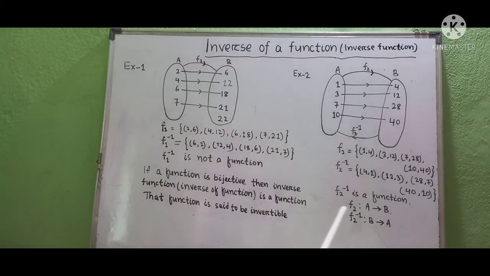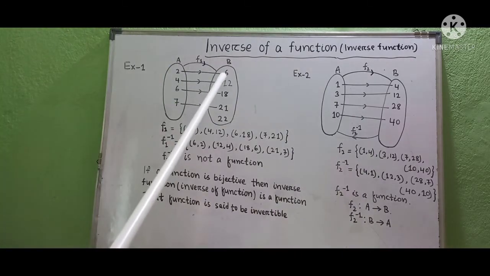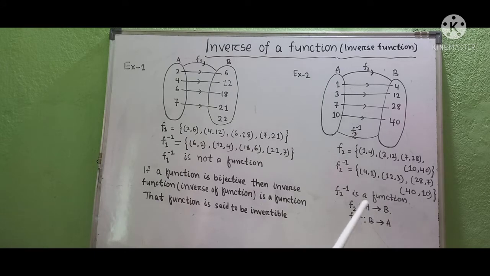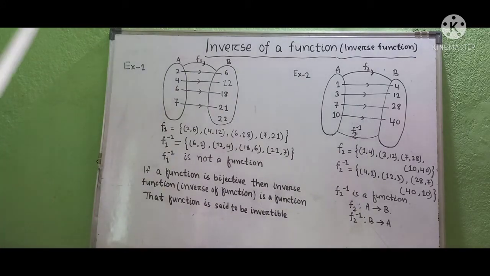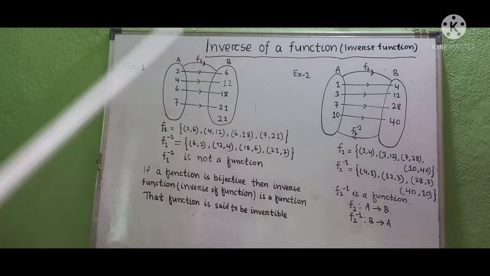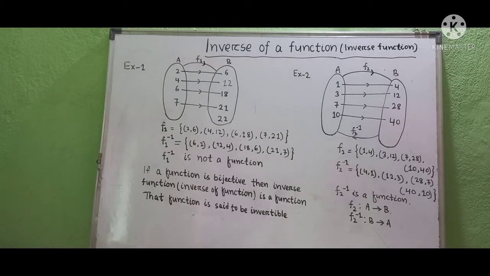Here f2 inverse is a function according to the definition of function. So f2 is from A to B, and f2 inverse is from B to A. Here the inverse of function f2 exists. We say in language that f2 inverse exists. Here f1 inverse does not exist. You should understand this.